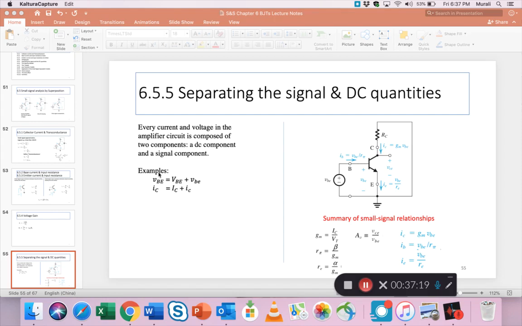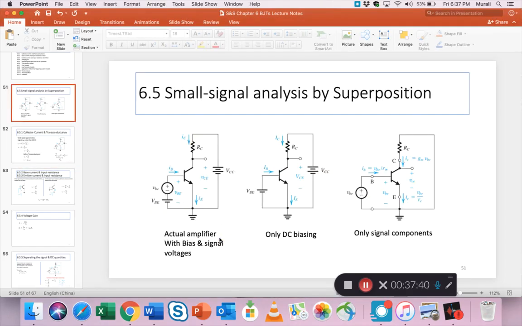Why do we write it like this? We write it to make the point that if you look at this voltage here, VBE, right, this voltage, it will be the sum of, well, actually don't look here, maybe I should take you to another circuit.